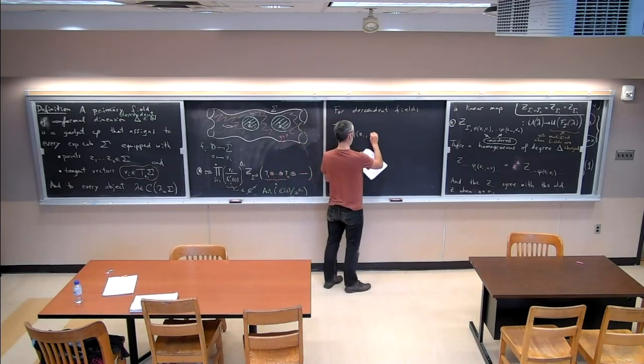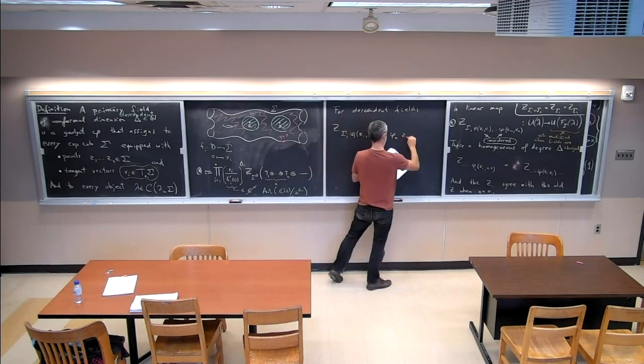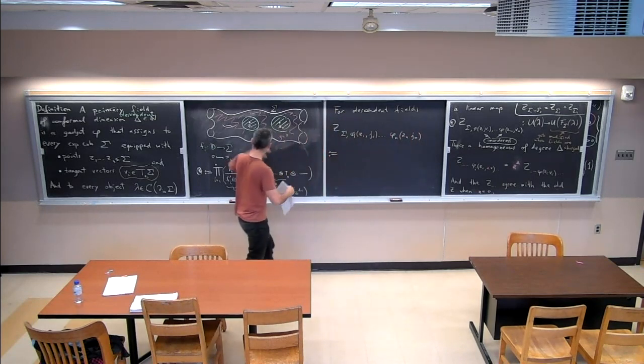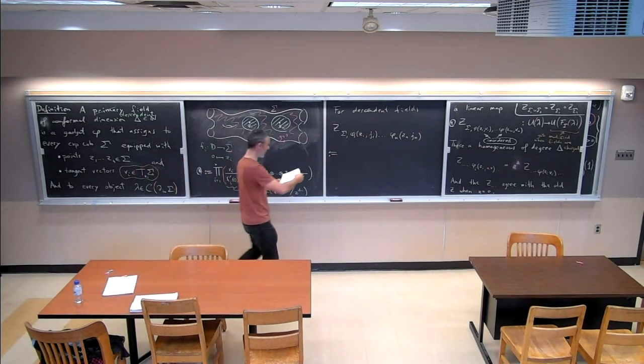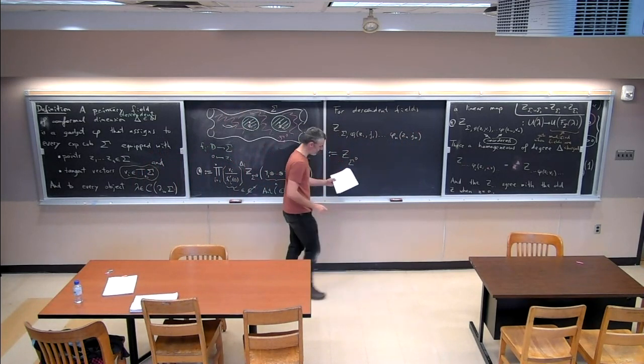So let me call it J, or jet. Then you do the same thing as this. So you pick maps Fi like that, and then you write something that's going to be Z sub the punctured thing.